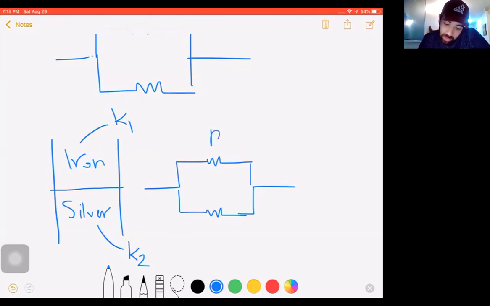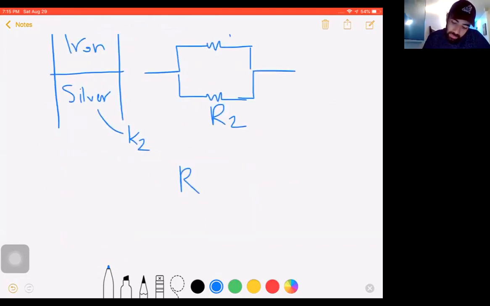So in this case, for finding the equivalent resistivity, you have to know that it can be calculated. I can derive the equation for you, or I can simply write it down.